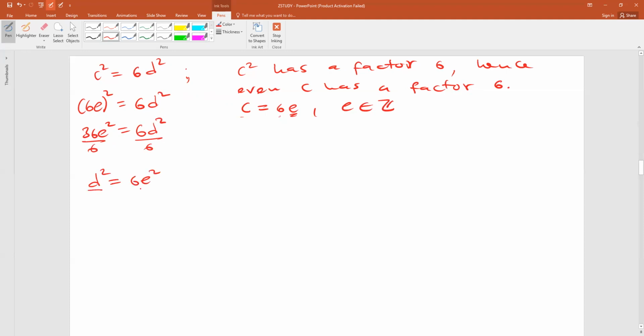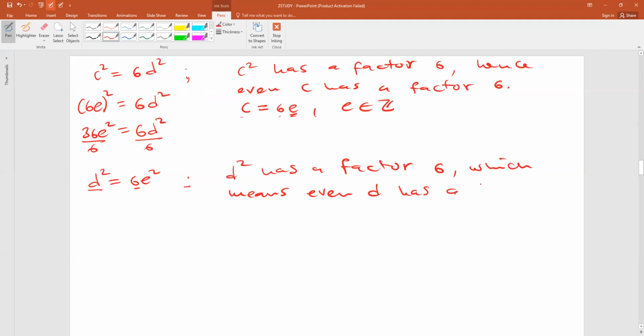And remember, d squared has been written as 6e squared. This implies that d squared has a factor 6, which means even d before it was squared also has a factor 6. Now take a look at this.